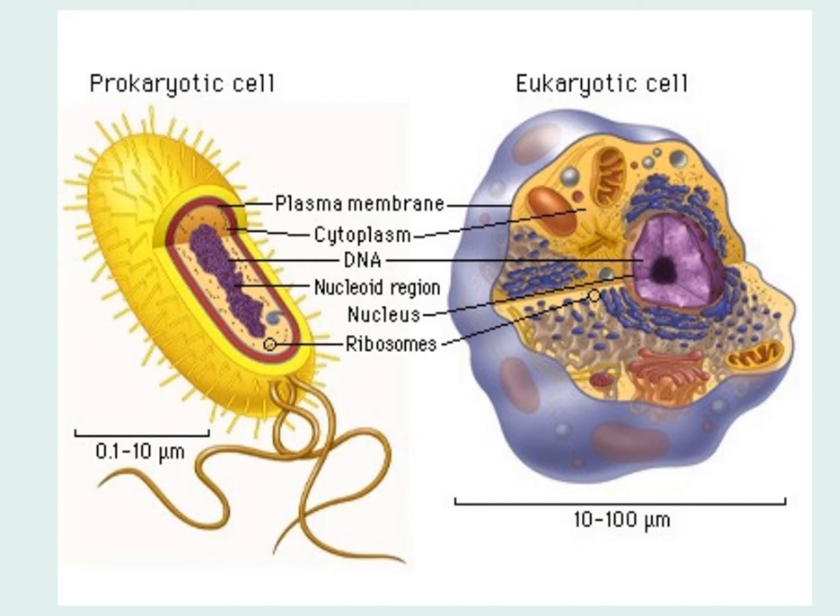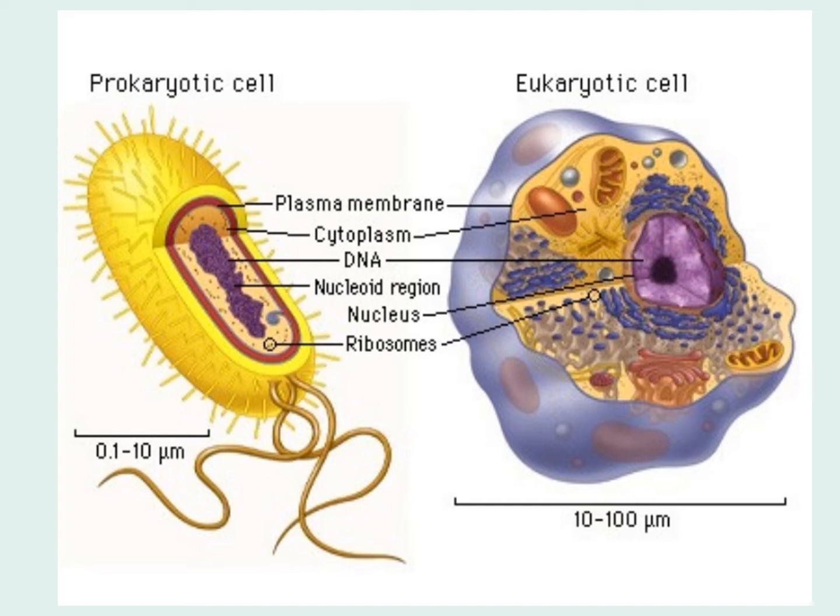You do not need to draw these or label these. This will be at A level, so you don't need to worry too much about this. It's just looking at the fact that there is not a nucleus. You will see the nucleus labeled on the eukaryotic cell, and that both of them contain ribosomes. So that is a structure that you will find in plant cells, animal cells, and prokaryotic cells such as bacteria.